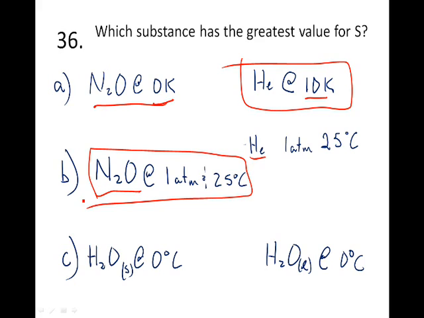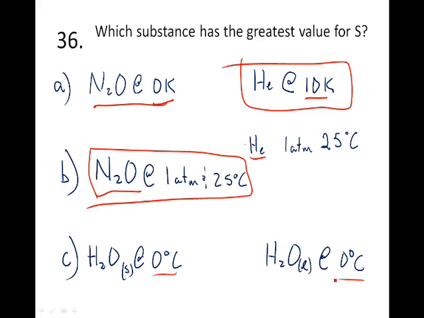And in 36C, what's the difference here that we're looking at? We're at 0 degrees Celsius in both cases, and I can just hear you out there saying, what? How can you have solid water and liquid water at the same temperature? Well, if you have ice floating in water, the temperature of both the ice and the water are 0 degrees Celsius.